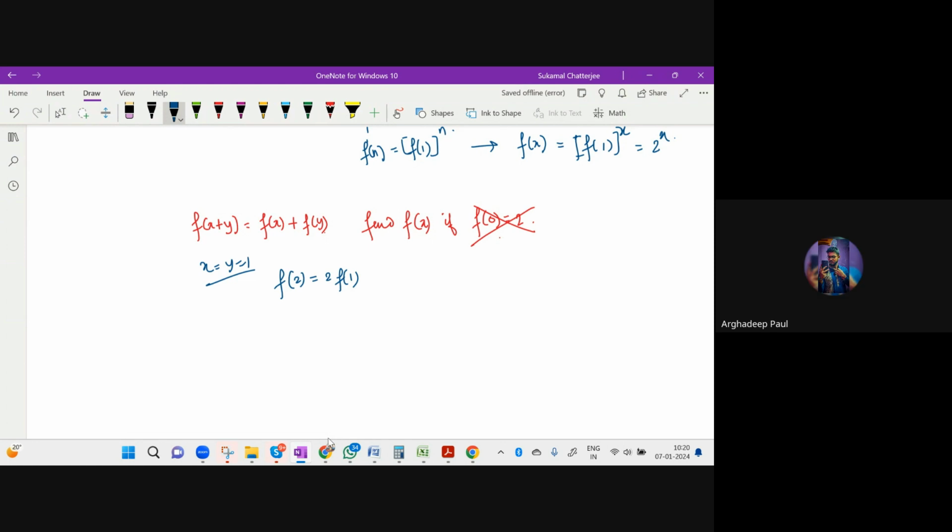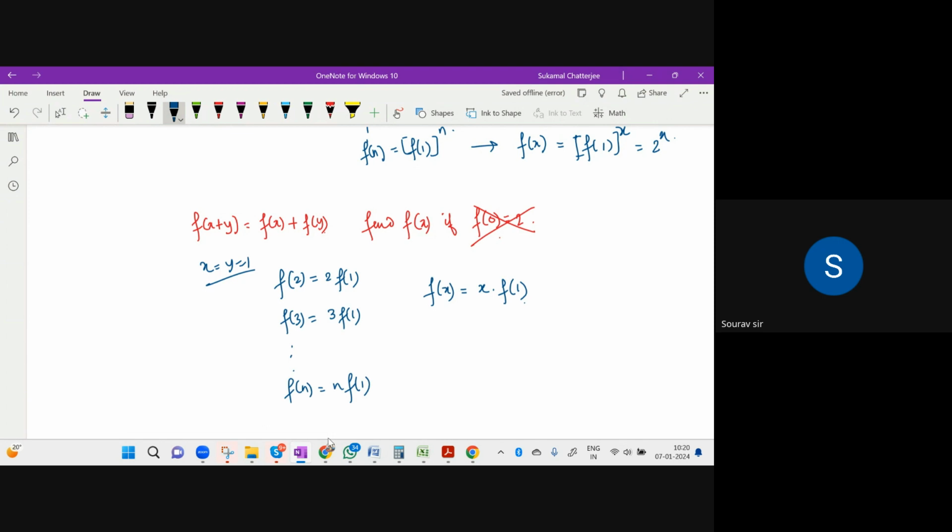Then f of 3 is f of 1 plus f of 2, that is 3 f1. In this way, we will get f of n equal to n f1. Therefore, f of x equal to x into f1.